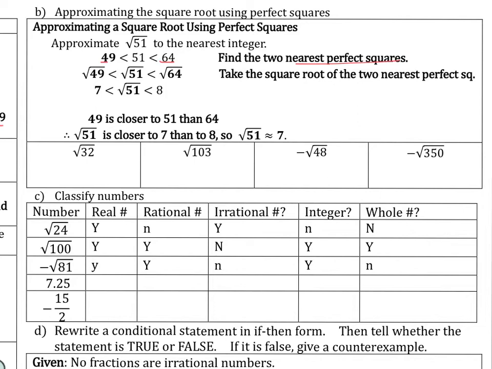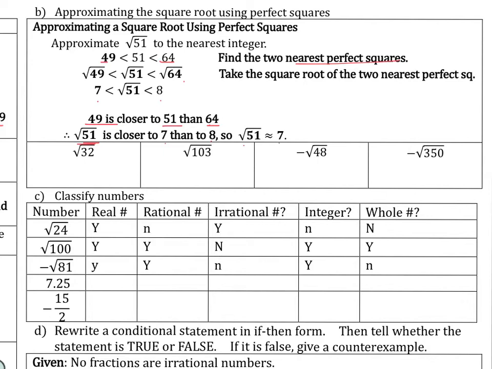After you take the square root of 49, you get 7. And after you take the square root of 64, you get 8. 49 happens to be closer to 51 than 64. So therefore, square root of 51 is closer to 7 than to 8. So we can say that the square root of 51 is approximately 7.